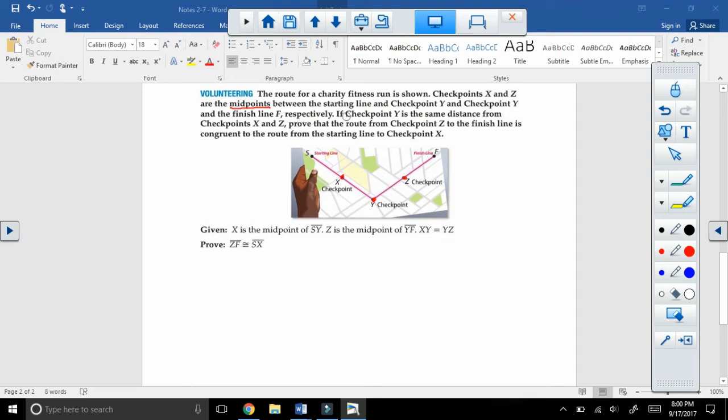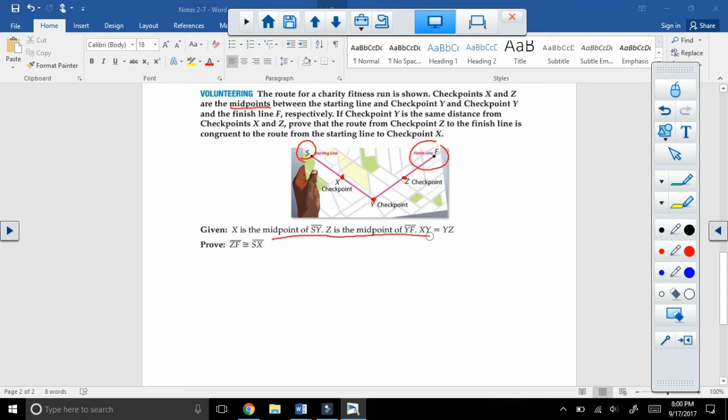So if checkpoint Y is the same distance from X and Z, prove that the route from Z to the finish line is congruent to the route from the starting line to checkpoint X. And again, all of this should kind of make sense. If these are equally spaced, then yes, those parts will be equally spaced also, but we need to come up with a systematic way of how to show that and how to prove that.